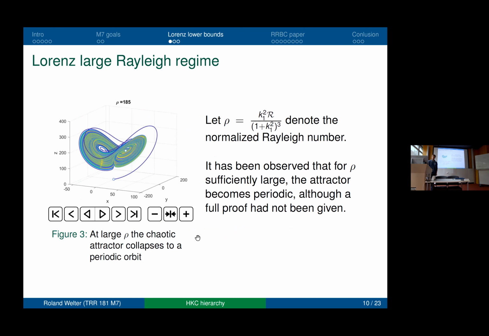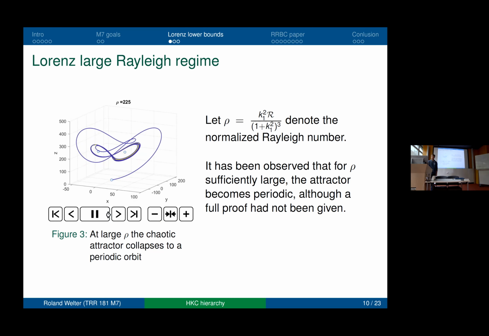But in our first paper, our joint paper with all of M7, we examined the Lorenz equations in this large Rayleigh regime. And here we made use of an interesting phenomenon: for sufficiently large Rayleigh number, the chaotic attractor collapses down to a periodic attractor. This had been observed, but we actually proved that this happened.